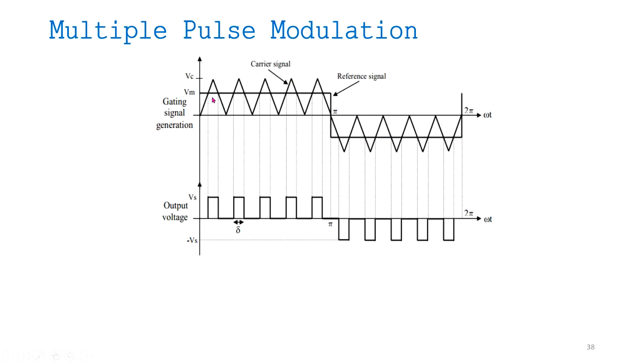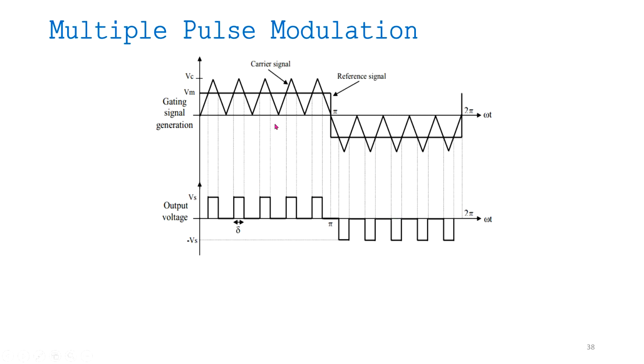So, the reference signal, your carrier signal, and whenever your carrier is larger than the reference, you have output, and it is mapped in the form of pulses.